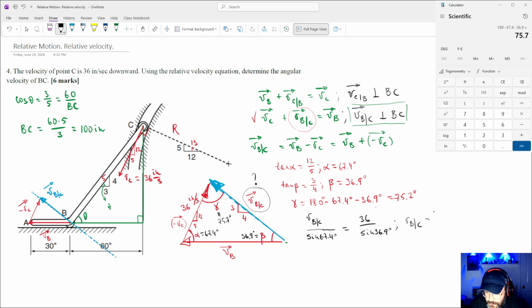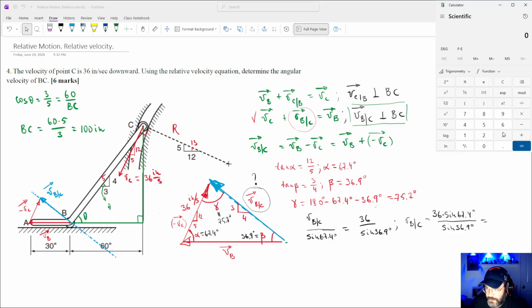So this is equal to 36 multiplied by sine of 67.4 degrees divided by sine of 36.9 degrees. Okay, so let's see how much is this.